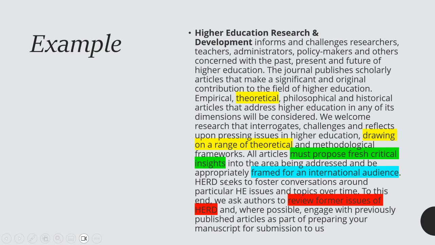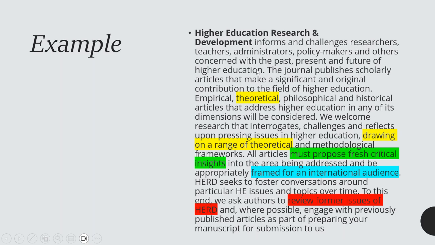So for instance, the Higher Education Research and Development journal informs and challenges researchers, teachers, administrators, policymakers, and others concerned with the past, present, and future of higher education. So you can already think, if your study is situated within higher education, it could be anyone in higher education, as I said, researchers, teachers, administrators, policymakers.